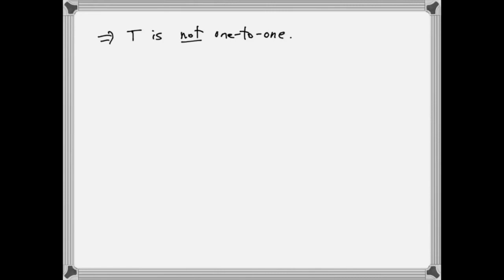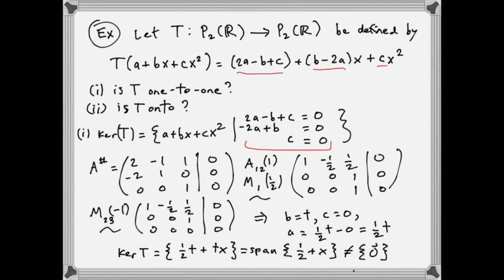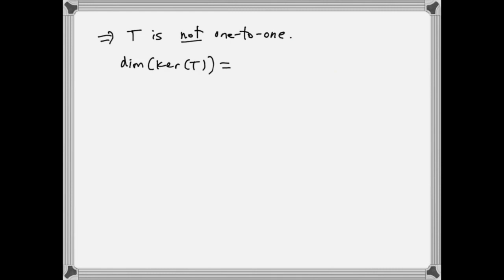Okay, so let's go ahead and write down the dimension of the kernel, because we're going to use it for part 2. If we come back, we've actually only got one guy in here, right? And so this is a one-dimensional subspace. So the dimension of the kernel is 1.